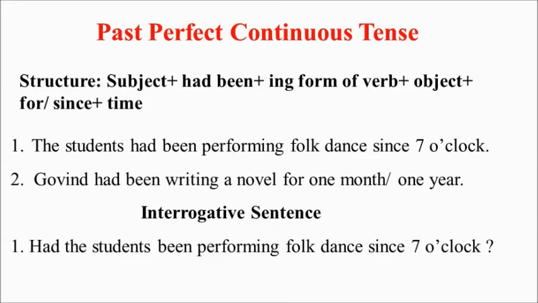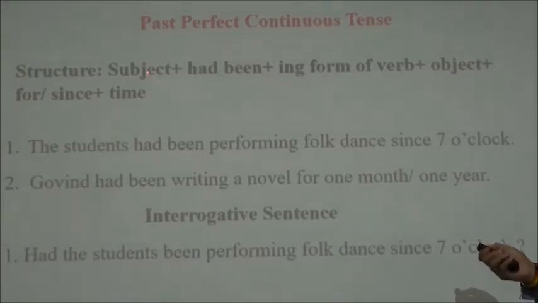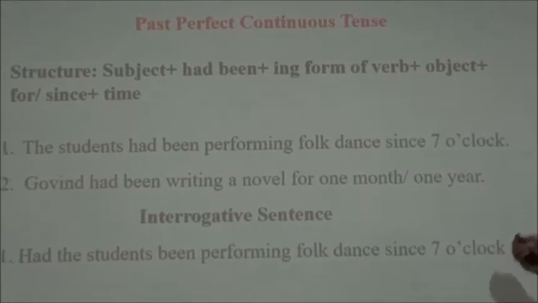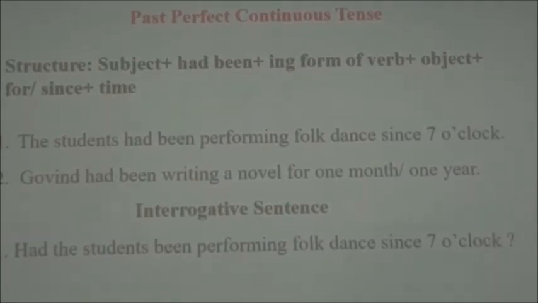That's why it is called past perfect continuous tense. And for expressing this, you need a basic structure: subject, had been, ing form of the verb, object plus since or for plus time.